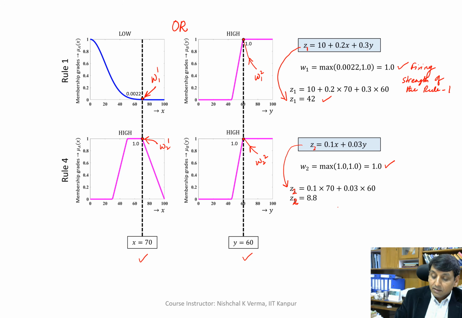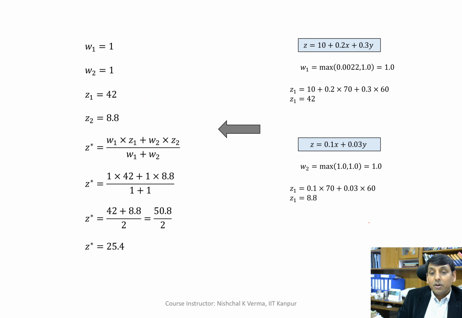we get Z2 equal to 8.8. So now we have W1, W2, Z1, and Z2. Now we can very easily get the weighted average of these outputs corresponding to rule number 1 and rule number 4. See here.